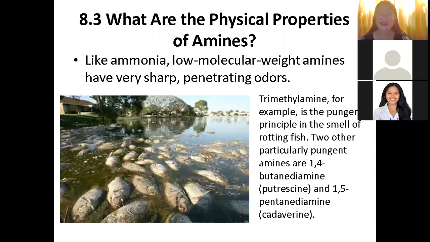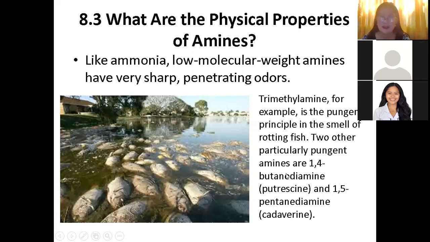An example of this is trimethylamine. It has a pungent odor. It is found in the rotting of fish. Okay. What is present there?